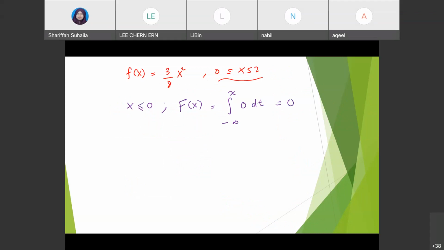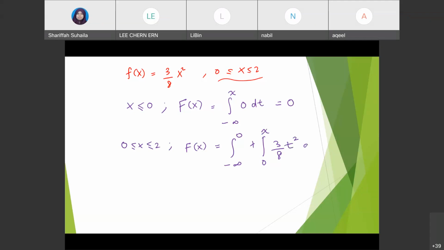Okay. And then what happened between 0 and 2? You need a function. Sebab dia kumulatif. So, that means minus infinity up to 0, we put the value. But now, 0 up to some value of x, kita letak density dia, ini 3 over 8. Tapi we substitute, letak sebagai t, another variable.